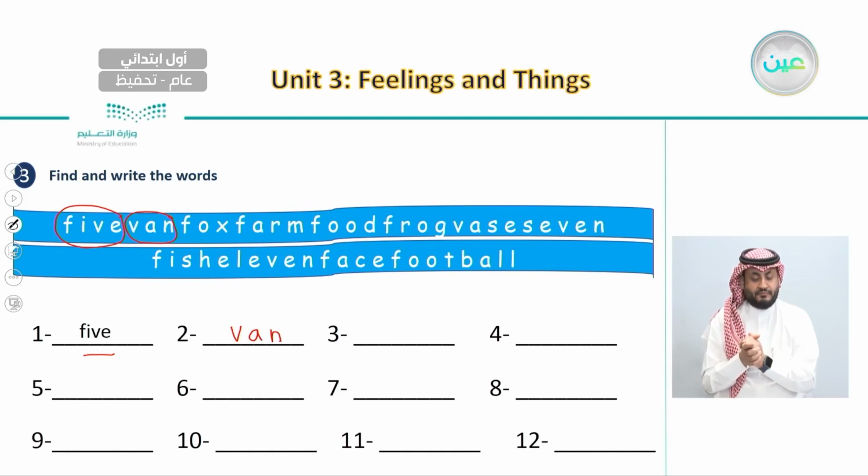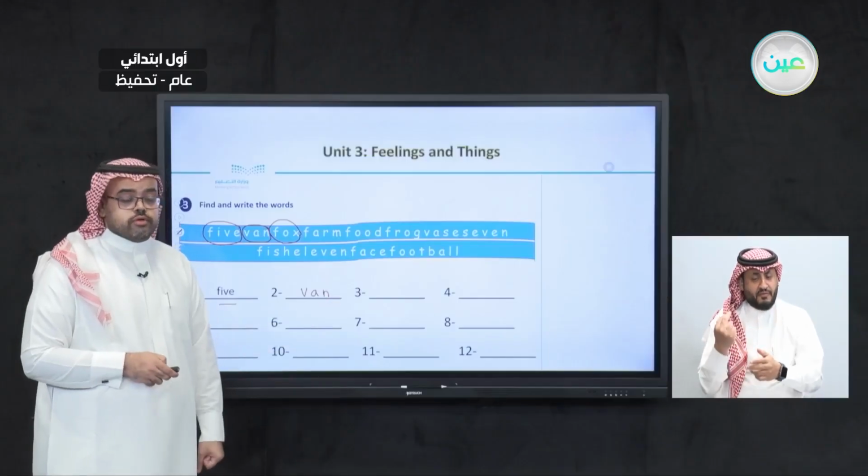And we can do it with the rest of the words. We can just circle. Here we have the word fox. We have also the words farm, food, and frog, and lots of words. What you need to do is circle these words to try to complete the list, and you will end up with more than 12 words.